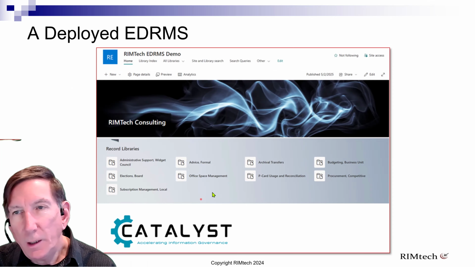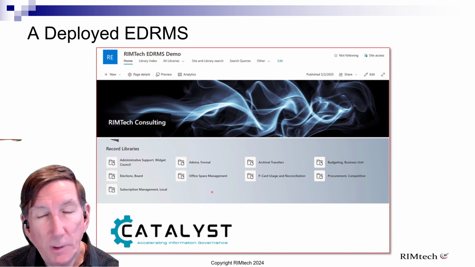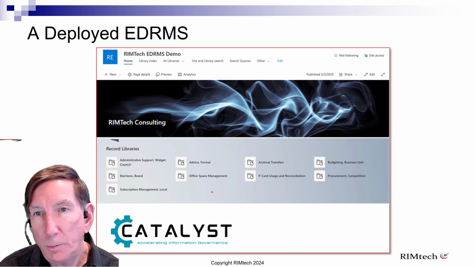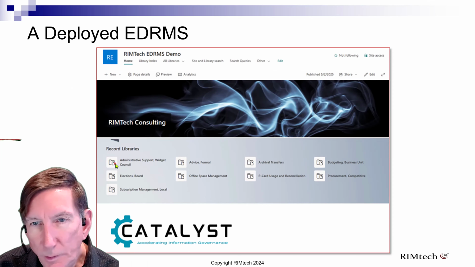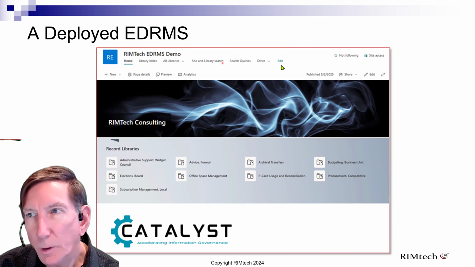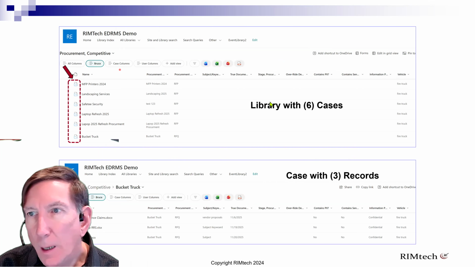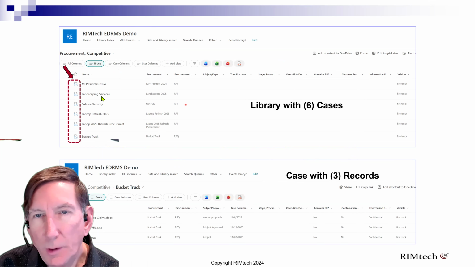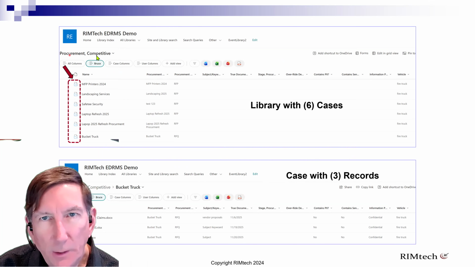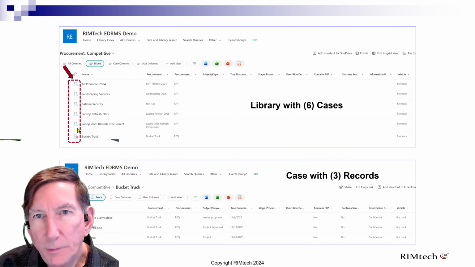This is what a typical landing page would look like in an out-of-the-box SharePoint deployment, a very simple, straightforward deployment. Each of these widgets on the screen is a library, and you can navigate to other libraries at the top of the screen. The top screen capture here shows a library called Competitive Procurement, and in it are 6 document sets, 6 cases, right?